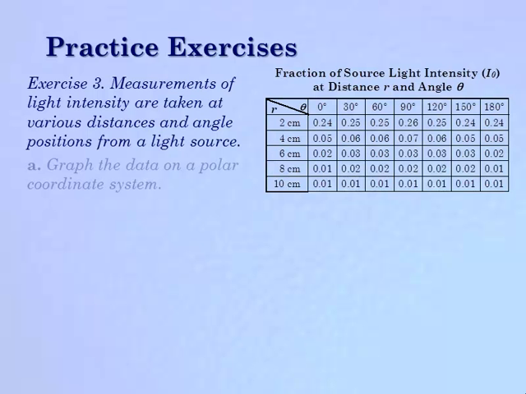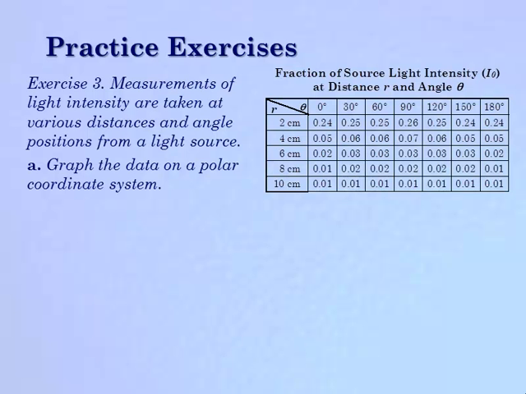And we're asked to graph the locations of the measurements at 2, 6, and 10 centimeters on the polar coordinate system. This is simply going to show you where you stood to make your measurements, or where you placed the sensor to make your measurements.